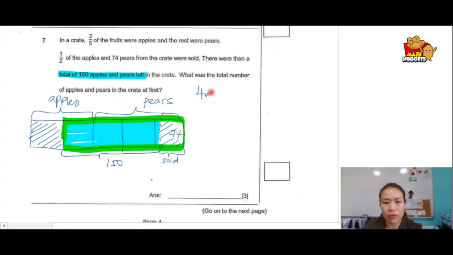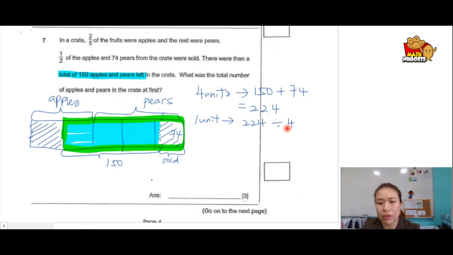So we know that 4 units is 150 plus 74. This is 224. So with this, you are able to find 1 unit, which is 224 divided by 4, 56.